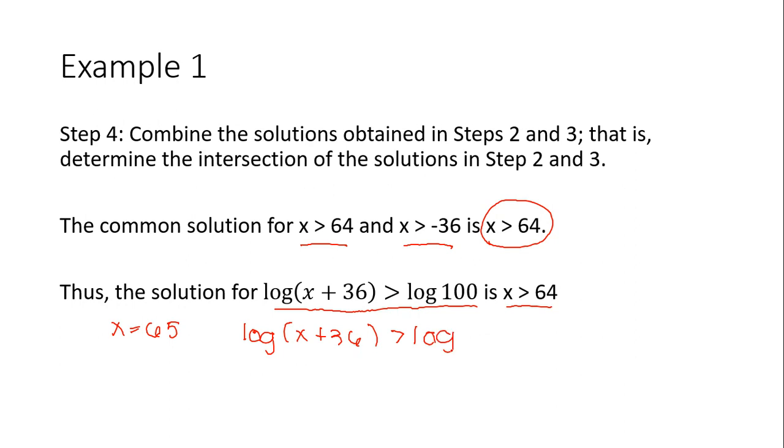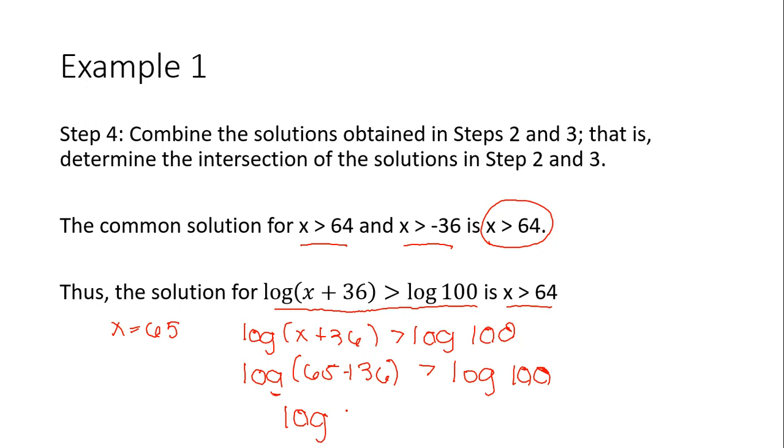Okay. Kinopya ko lang siya ulit. So substitute, so logarithm of 65 plus 36 is greater than the logarithm of 100. 65 plus 36, we have 101, greater than the logarithm of 100. Okay?